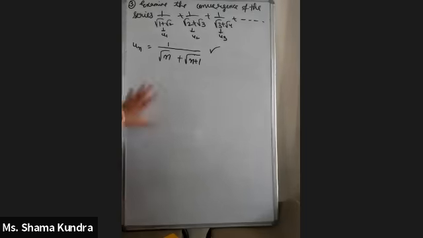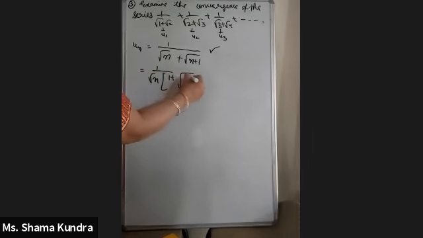Next step, after finding un, is taking the higher power of n as common. So let's take under root n as common, and inside the bracket we are left with 1 plus under root of 1 plus n.